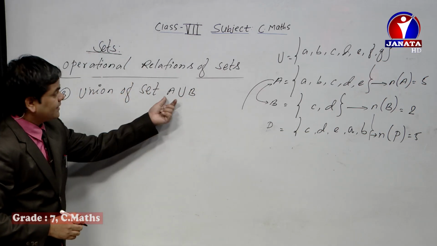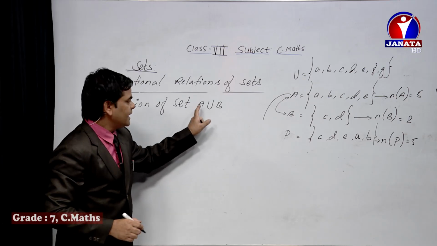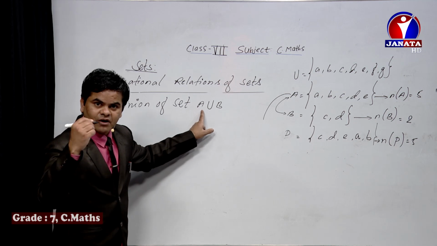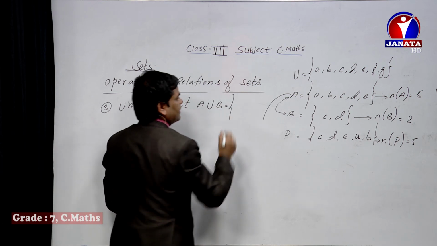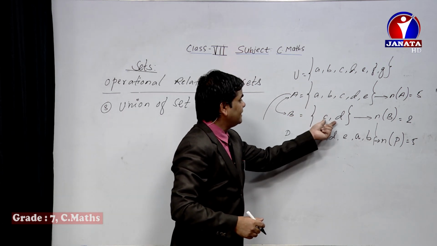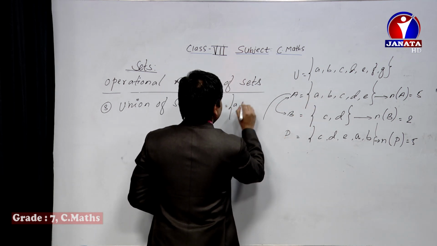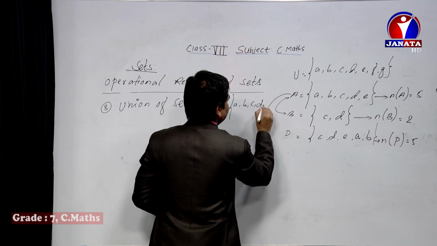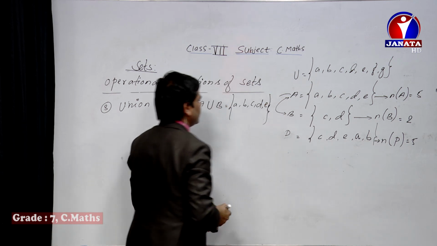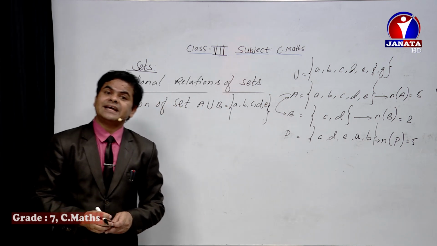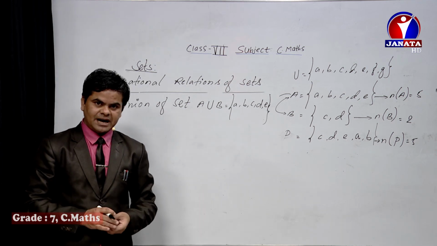Logically, if we say this one, this is either A or B, either the information of A set or B set. It equals to, dear students, without repeating, if you want to combine the elements of both sets, then what will be A, B, C, D and E. We cannot repeat, dear students, and those elements which are contained in A set and B set, we combine together and we keep inside the curly bracket, giving a comma after each.